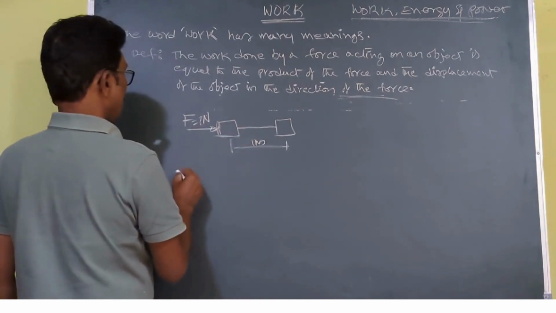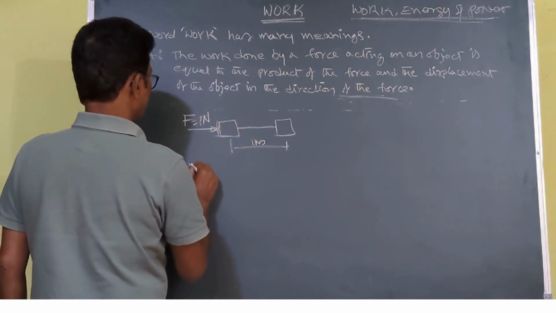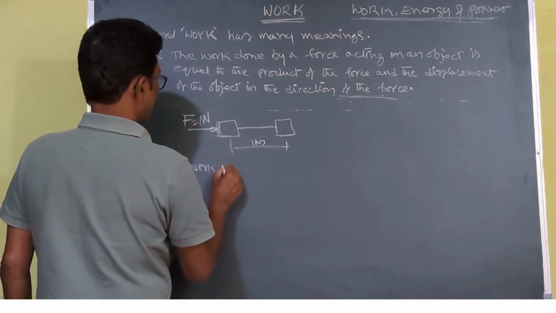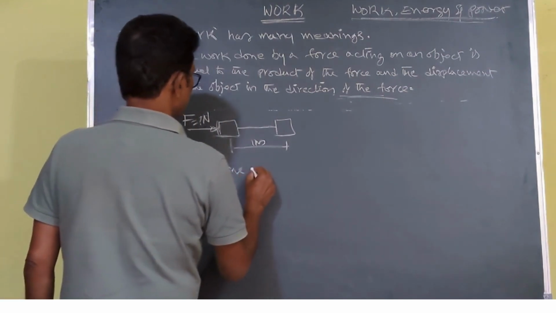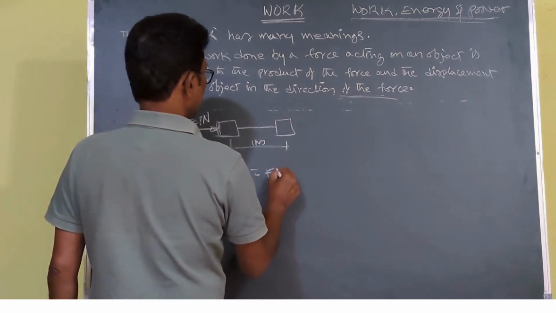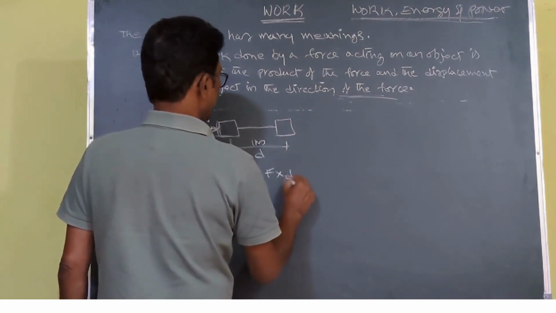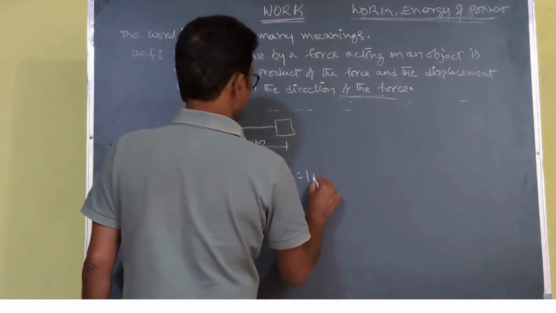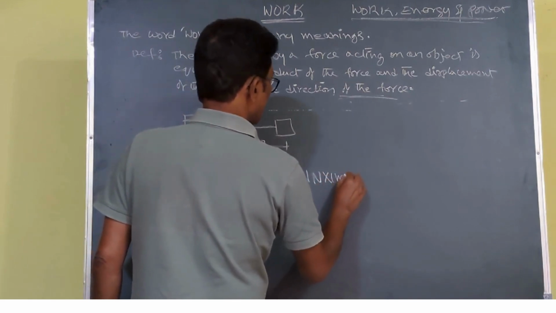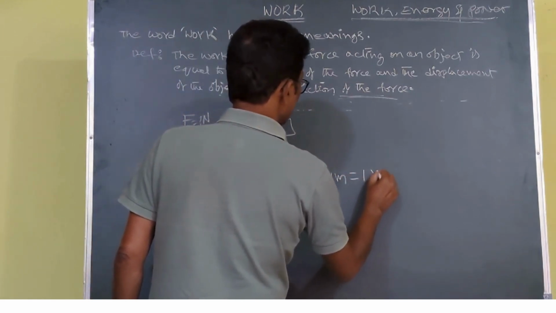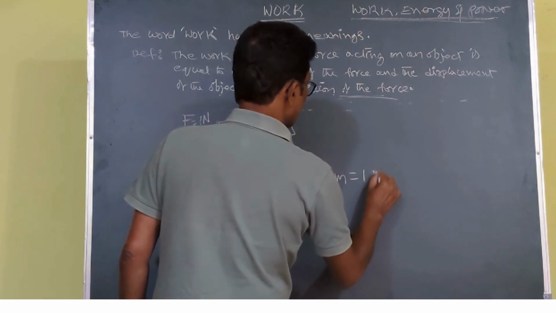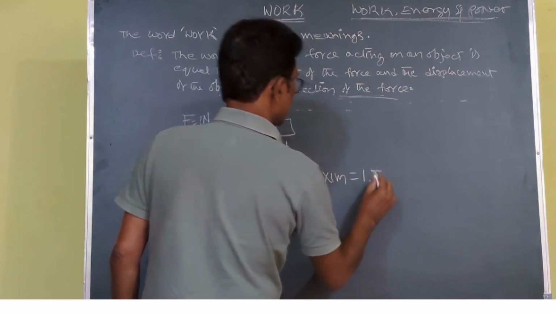So therefore, the unit of work done is equal to force into distance d. With d equal to 1 meter, 1 newton into 1 meter is equal to 1 joule. Work done unit is 1 joule.